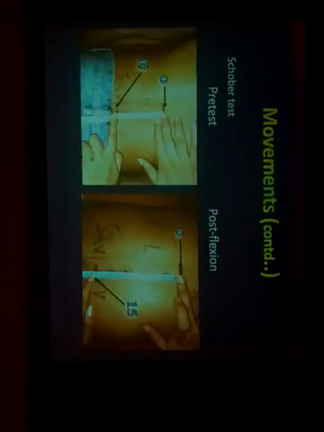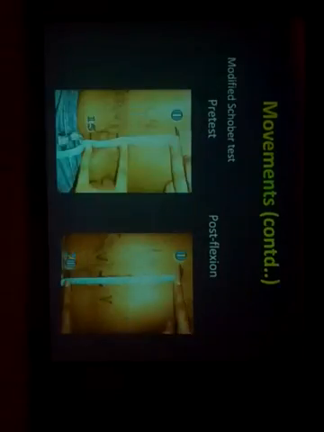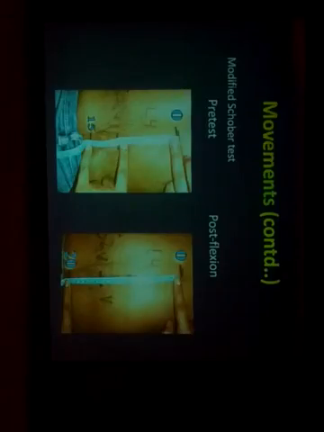It should be not less than 2 centimeters. The modified Schober's test is similar, except that a 15 centimeter length of the tape is used. 10 centimeters is kept above the dimples of Venus, and the other point is kept below. It is supposed to capture the complete movement of the lumbar spine, including the lumbosacral junction also.